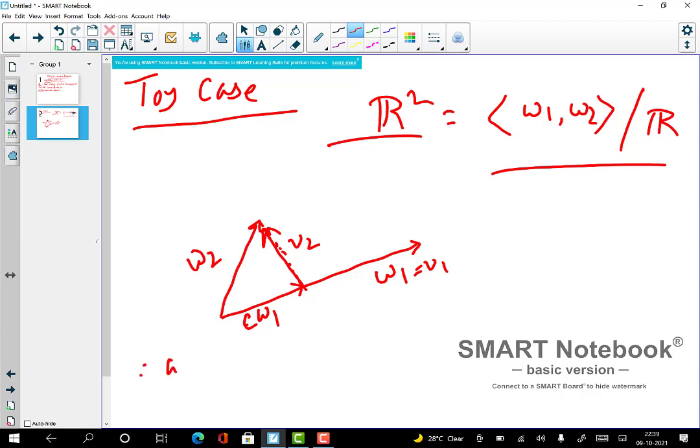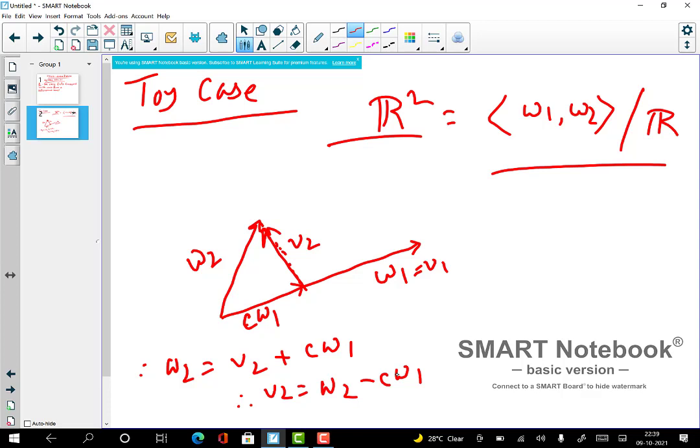So w2 is nothing but the addition of v2 plus c w1, and hence you can find v2 in terms of w2 minus c w1, right? But again, we don't know what c is, like what c looks like. We just know that there will be some c of this form, right?